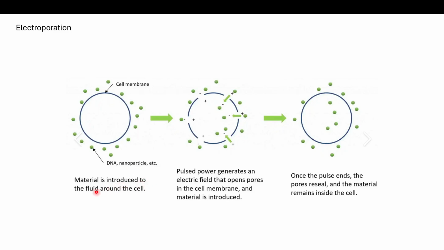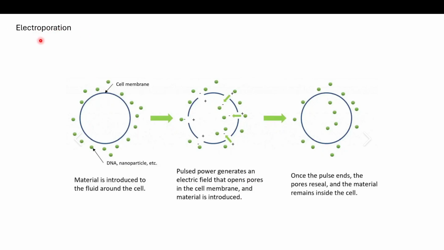Material is introduced to the fluid around the cell first, and then pulsed power generates an electric field that opens up the pores in the host cell membrane, and any kind of material, foreign DNA, nanoparticle, etc., can be introduced inside the host cell. And when the pulse is removed, the electric field is stopped, so the pores on the membrane close, and the material remains inside. Using an electric field we are introducing the foreign material inside the host cell.